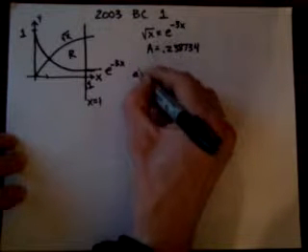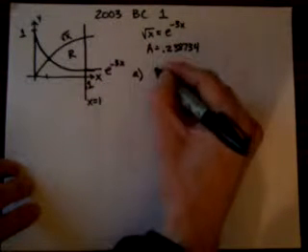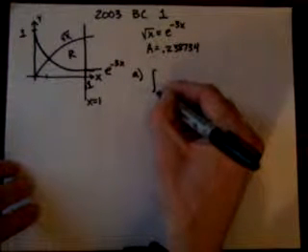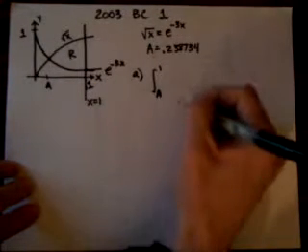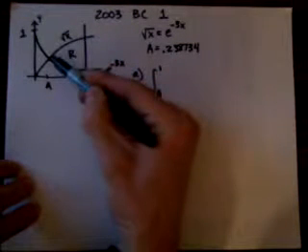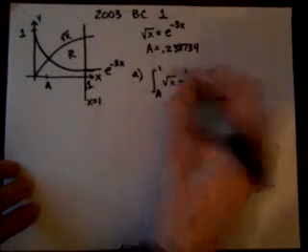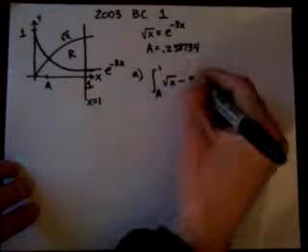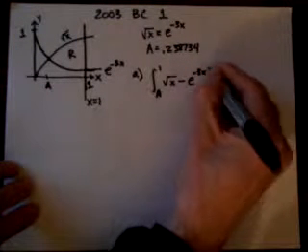Okay, so for part A, find the area of this region. We're going to take the integral from a to 1 of the function on the top minus the function on the bottom dx.